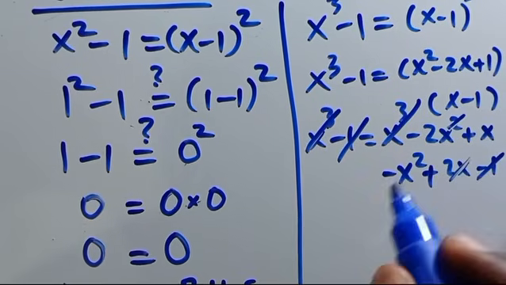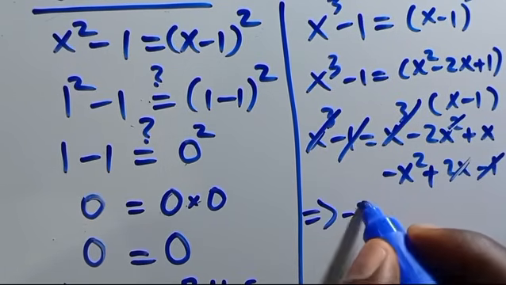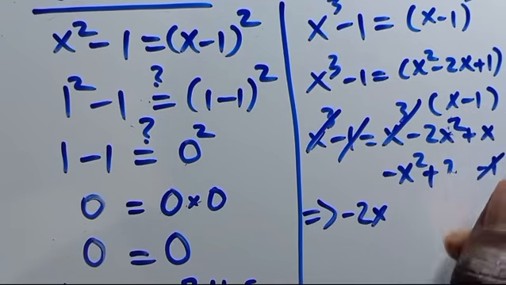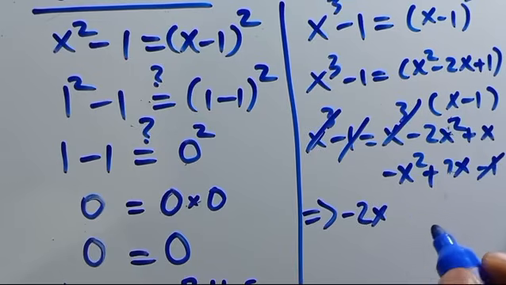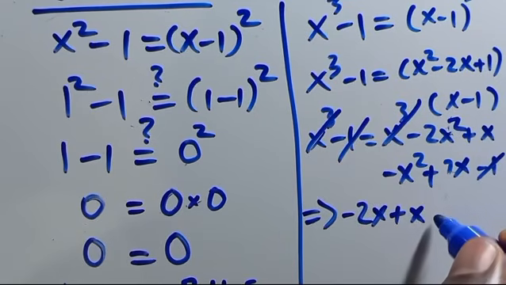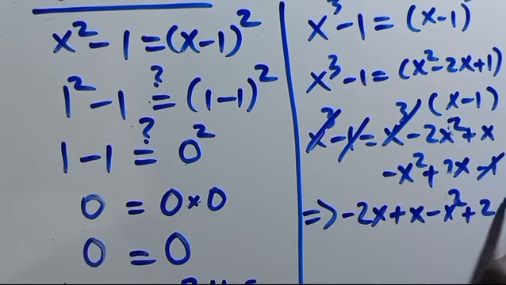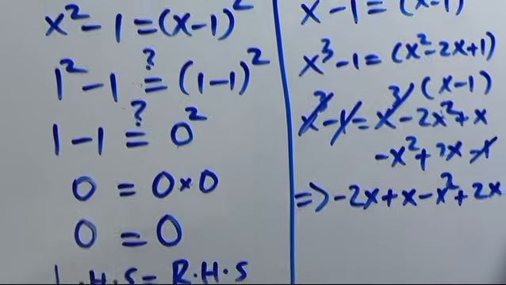Sorry, it will not cancel. So we have minus 2x squared, then plus x, then minus x squared, then plus 2x, everything equals 0.